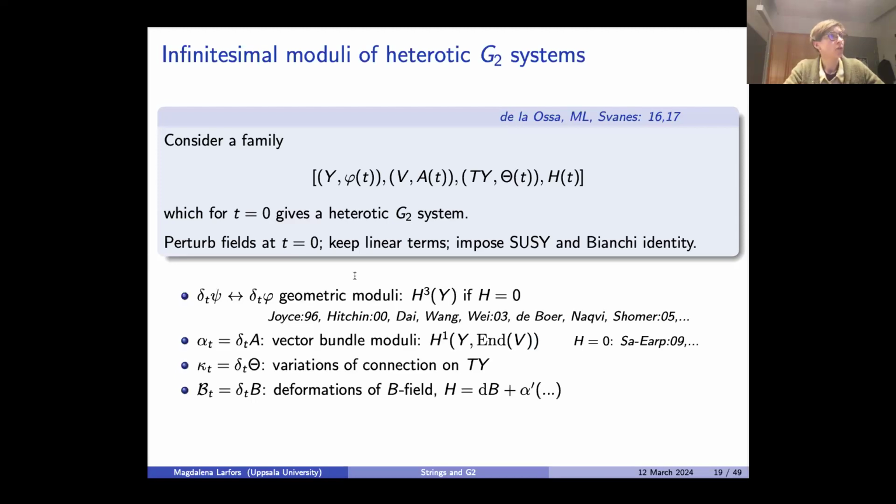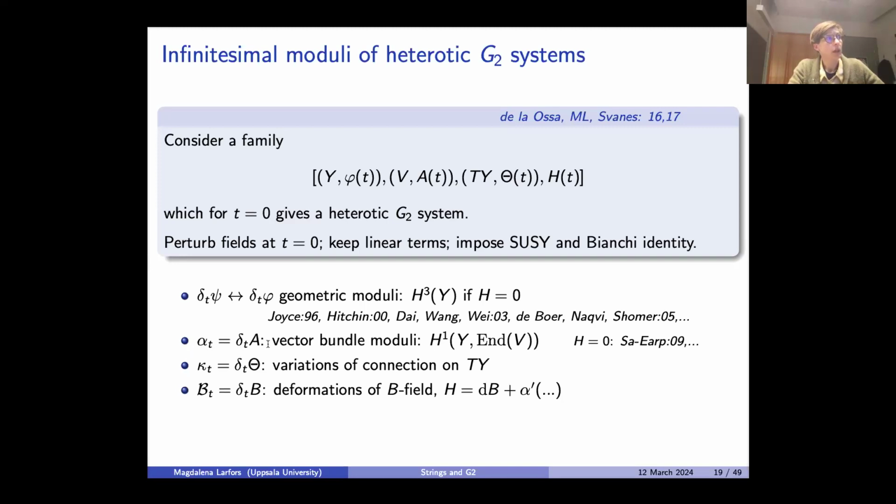So what kind of variations do we have? Well, we have the variations of the G2 structure, so of the defining 3-form or the 4-form. So these are the geometric moduli, and if we do not have any flux, then it is known that these are counted by the third de Rham cohomology on this manifold, so H3.